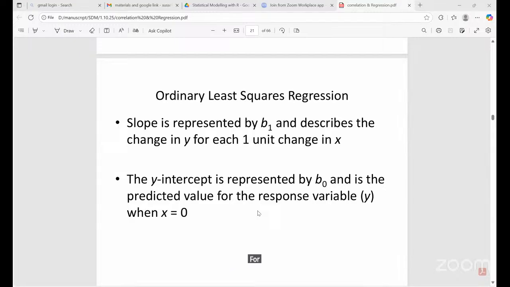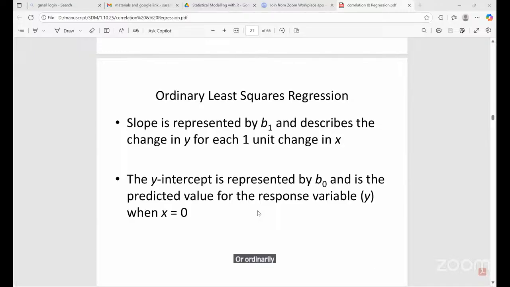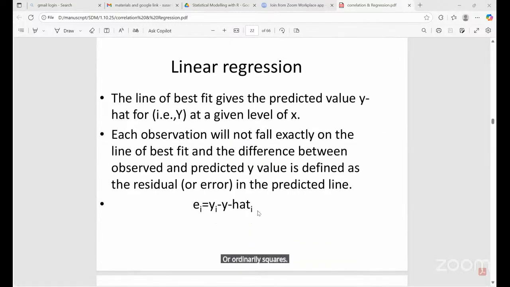For us to estimate the slope and intercept, we use a method called ordinary least squares regression. In ordinary least squares, we try to minimize the difference between the observed response and the fitted line after regression.